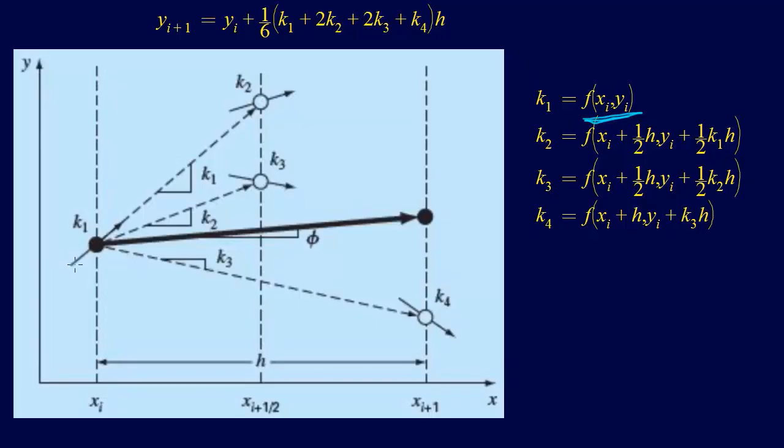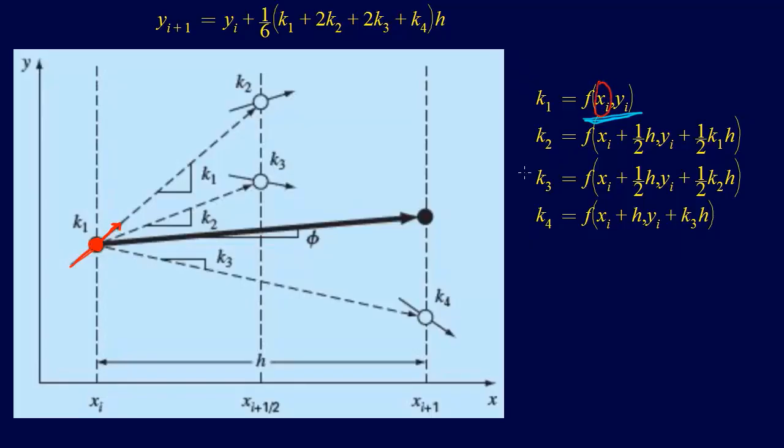And so this just shows that the first slope, k1, is based at that initial point. You can see it's based at that initial point, and it's evaluated there because that's the x_i point right here, where we evaluate it.